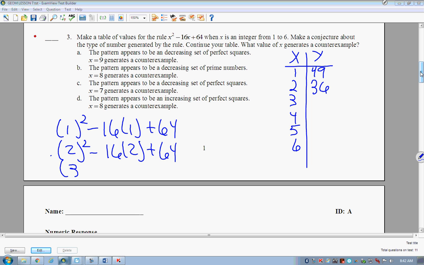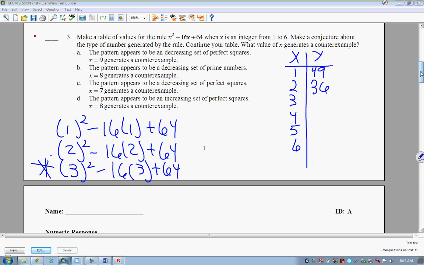Okay. So then I'm going to do 3 squared minus 16 times 3 plus 64. Jordan, tell me what you get. 32 is wrong. Jordan, type it in there. Tell me what you get. Nope. I'm just telling you to type it in exactly how I've got it written up there.